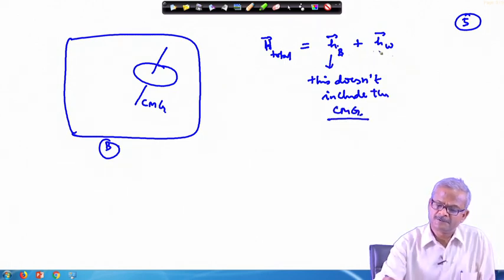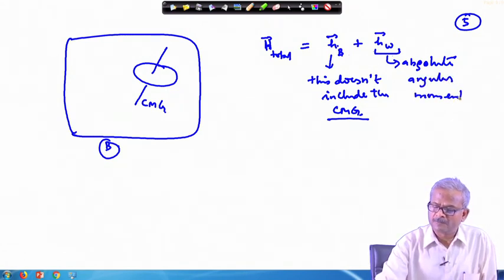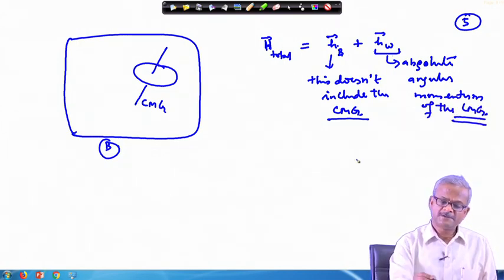So, this is the CMG separately. So, the absolute angular momentum of the CMG. So, you can see the difference.